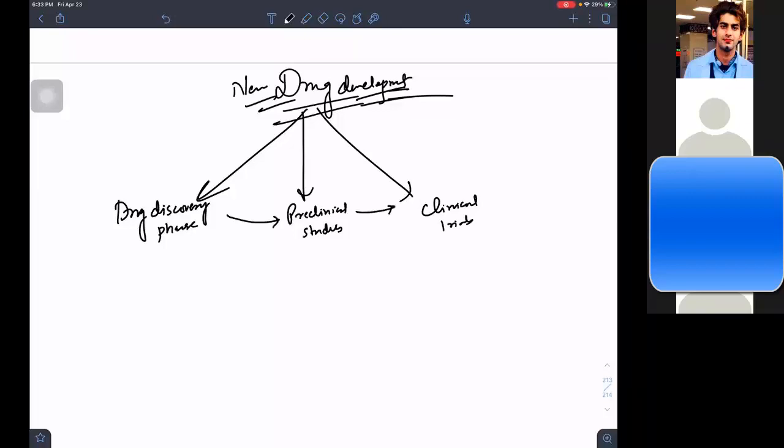New drug discovery means I select a compound, I select my target, I do a designing of the drug. A rational drug designing is done, and after that I am finally selecting some compounds. This process of selecting many compounds is called lead finding.